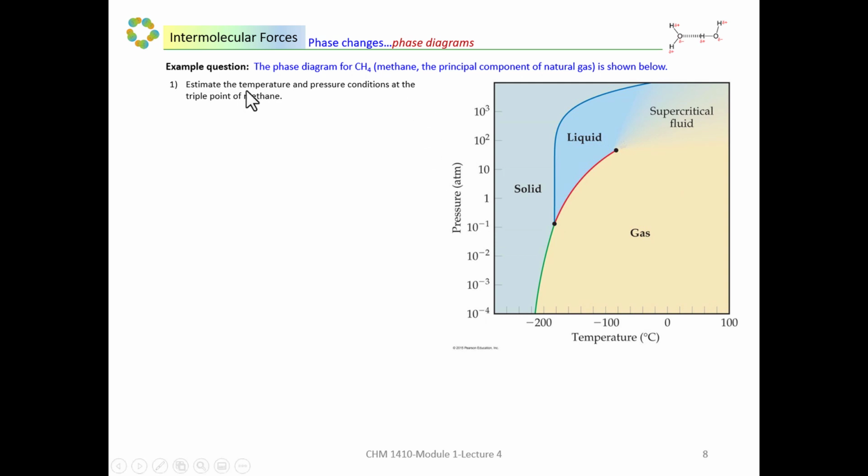Let's estimate the temperature and pressure conditions at the triple point of methane. Well, remember, the triple point is the point where the 3 boundary lines all meet, and we can estimate that at being at around 0.1 atmospheres and a little bit higher, more positive, of minus 200 degrees C. My best guess here was actually 0.2 atmospheres and minus 182 degrees C. You might ask how I could get a number quite that specific from this rather vague diagram.